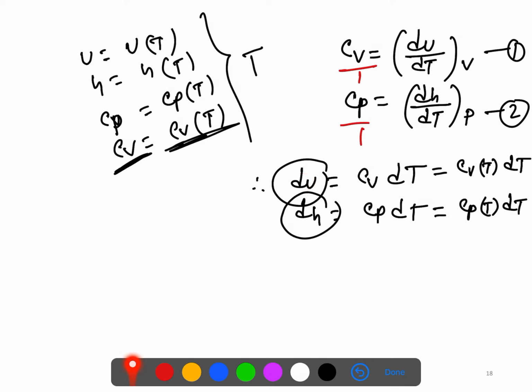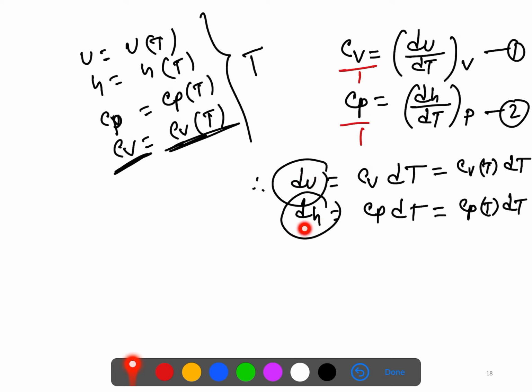Now if we have a system undergoing a process from state 1 to state 2, and we want to calculate the change of the internal energy or the change of the enthalpy for an ideal gas during a process, what we can do is some integration.